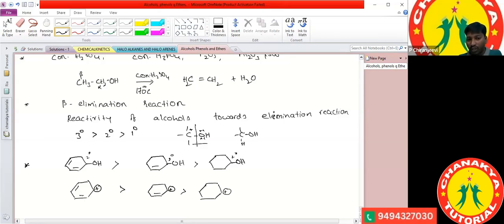This one forms two resonance structures, this one forms only one. Actually the total number of resonance structures for this one is 3, this one gets 2, and for this one there is no resonance structure. As the number of resonance structures increases, stability increases. So due to that reason only the third one is more reactive towards the elimination reaction. Now we got the clarity.